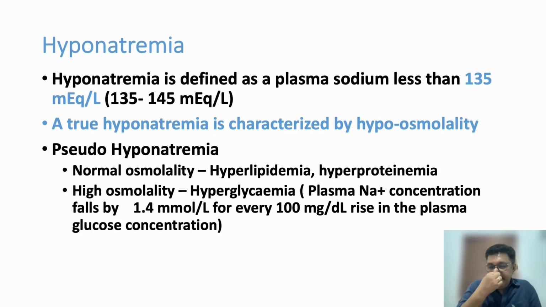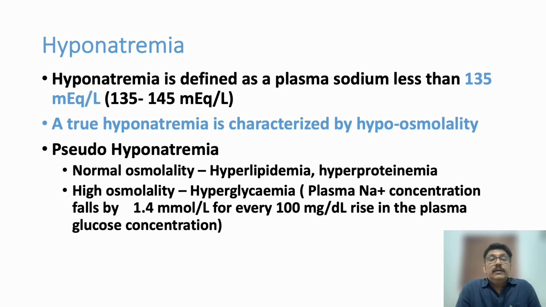Otherwise, we should identify the reason for hyponatremia, and if possible, physiological management will be best. That means more salt intake, increased water removal from the body, like that. Physiological treatment will be best for hyponatremia in most conditions.